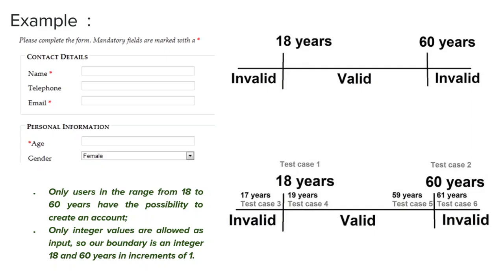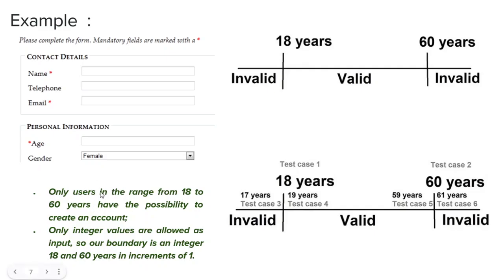Now let's take a simple example. Let's consider there is a form, a form about user details. In that form, there is a field called age. Age accepts valid values of 18 to 60 years only. That is the range of valid values.